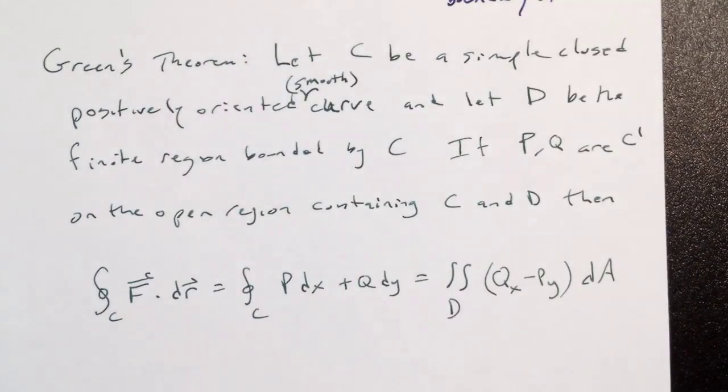But if my vector field is not conservative, then this tells me how not conservative it is, how far off from being conservative. And so the lack of conservation is encapsulated not on the edge, but in the middle.